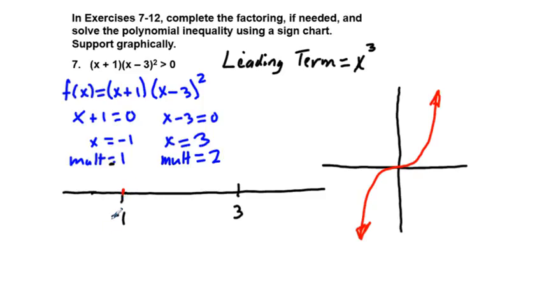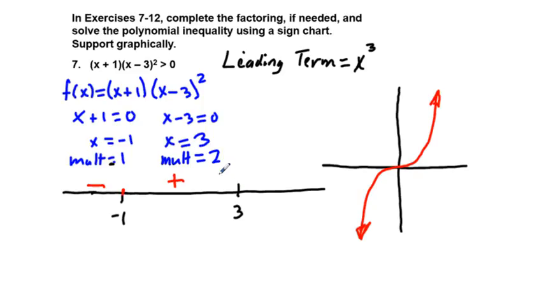The function is going to cross the x-axis. And so coming down from below, we're going to have a negative sign. And then we're going to go up between negative 1 and 3, and so that's going to be above the x-axis. So we put a plus between negative 1 and 3.